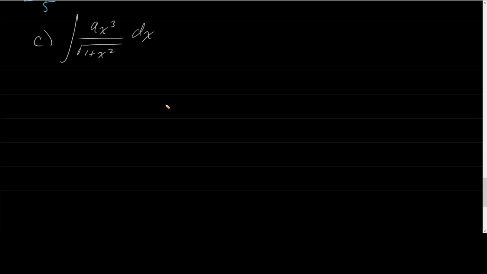Notice here that we have a plus, right? So having a plus right away should tell you that we're working with tangent, right? So we're going to start with, let x be equal to, a is 1, so 1 tan theta. Therefore, dx would be equal to secant squared theta d theta.